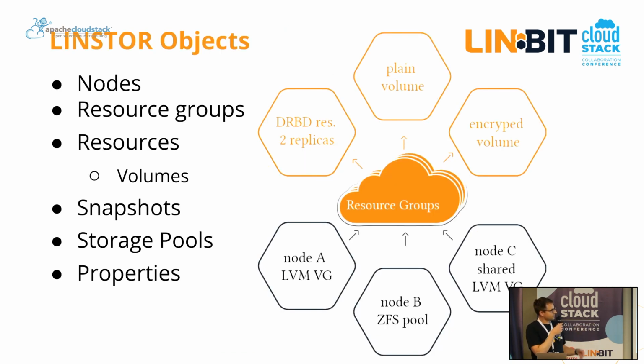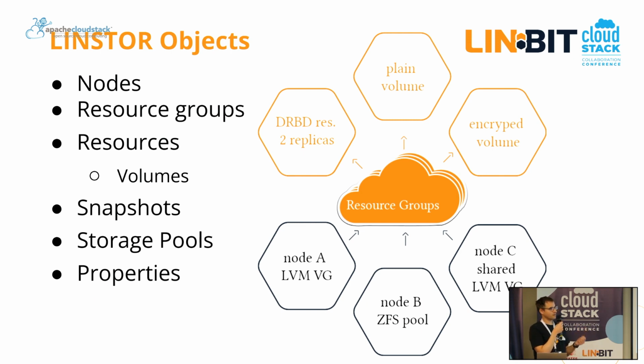A short deep dive into what LINSTOR objects you have. You have nodes, which would be your satellites, like CloudStack hosts. Then you have resource groups, which are some kind of top-level object to define roles for your storage, so what you want from your storage.